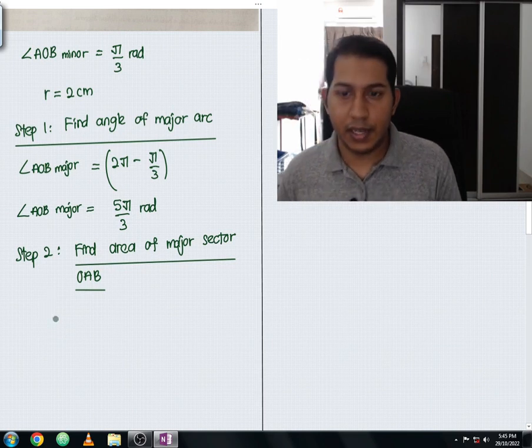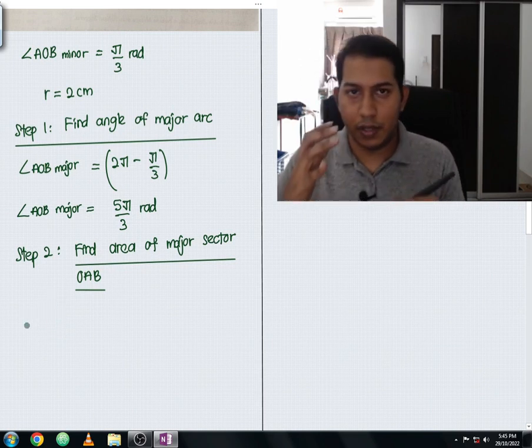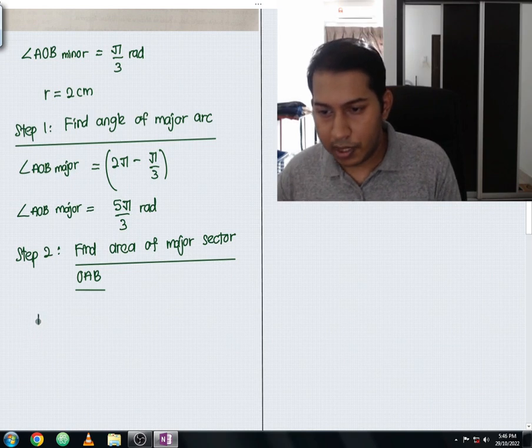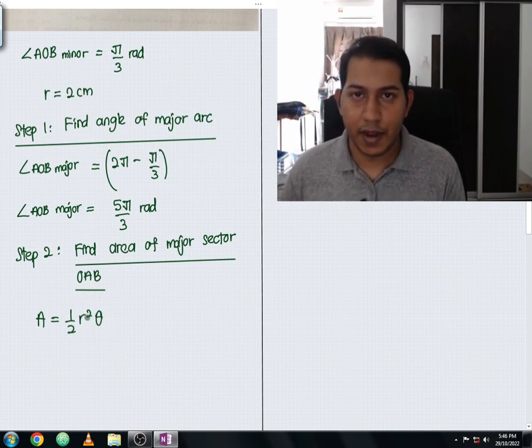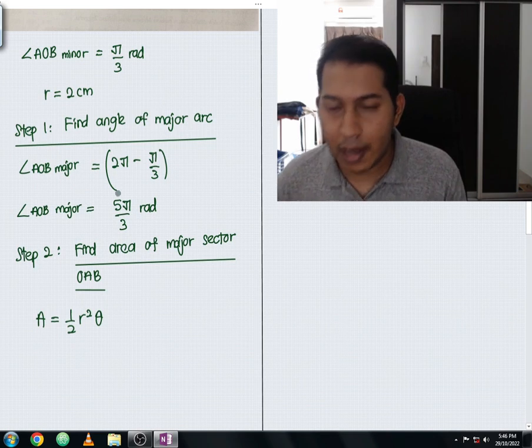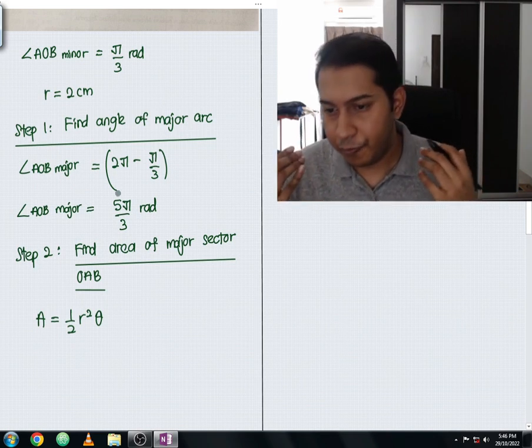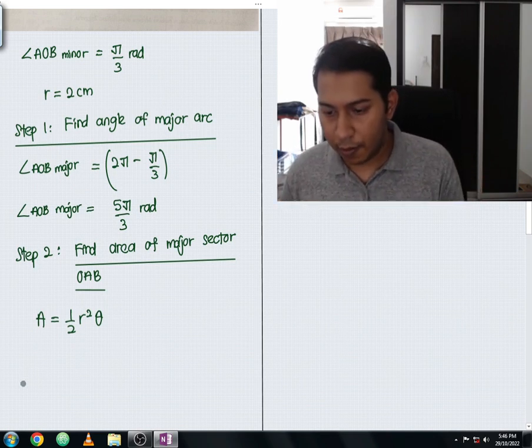Remember guys, the formula to find the area of a particular sector is A equals half r square theta. Make sure that this theta must be in radian. Since we already get our angle in radian, we are good to go. We can proceed to find the area of the major sector.